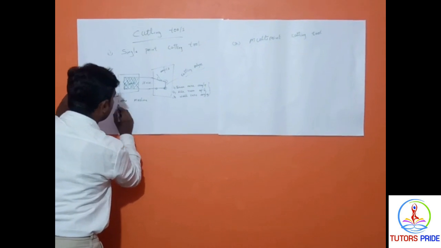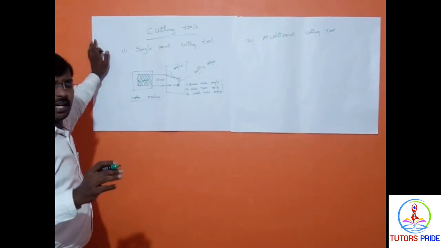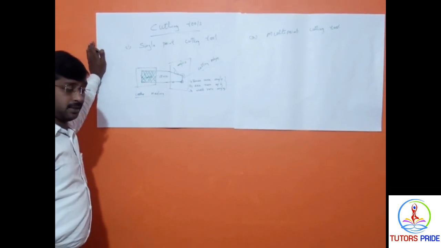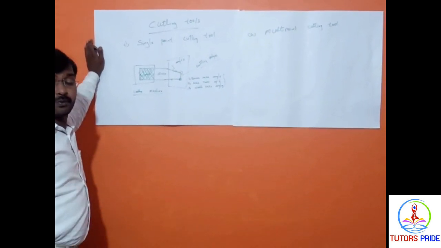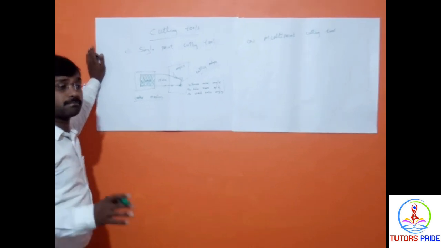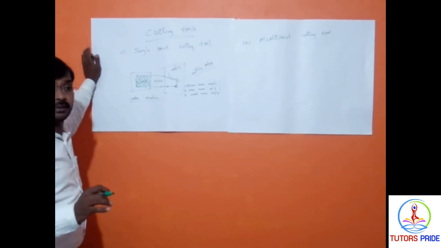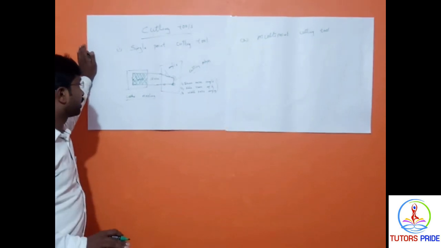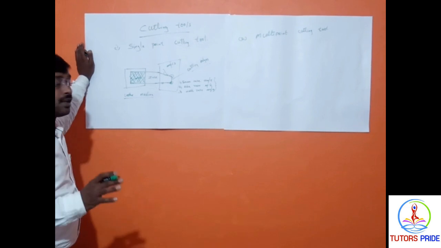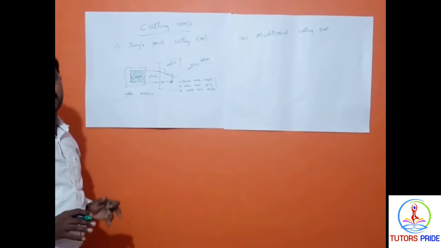In the lathe also, we have different types of lathes: CNC lathes, regular lathes, 4 feet lathes, 6 feet lathes, 8 feet lathes, as well as spindle lathes. But where are we using it? In the chuck, we have the chuck wheel in the lathe machine.